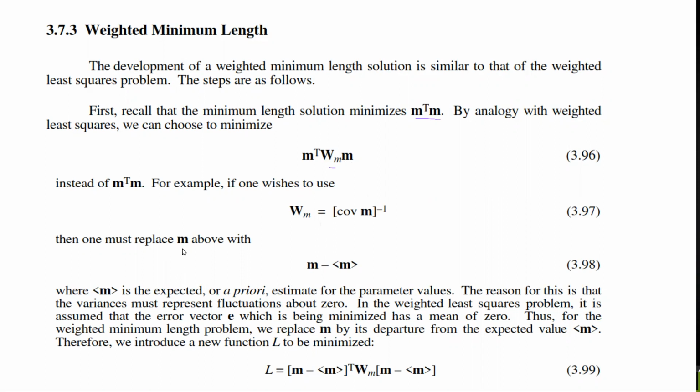And if we replace M by M minus some prior estimate of the model parameters, the angle brackets average of M, transpose, then your weighting matrix, and then M minus the prior estimate of the model parameters, this becomes our objective function.